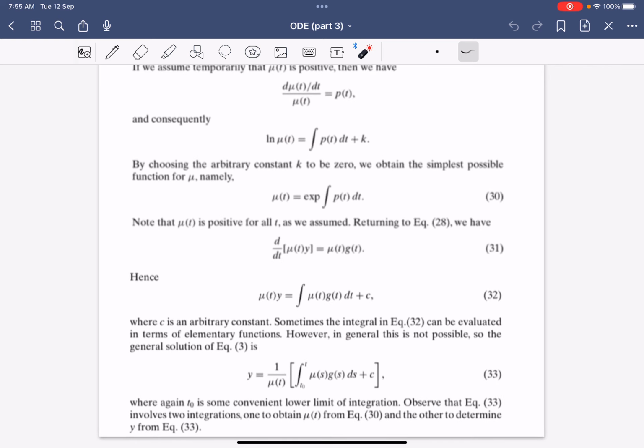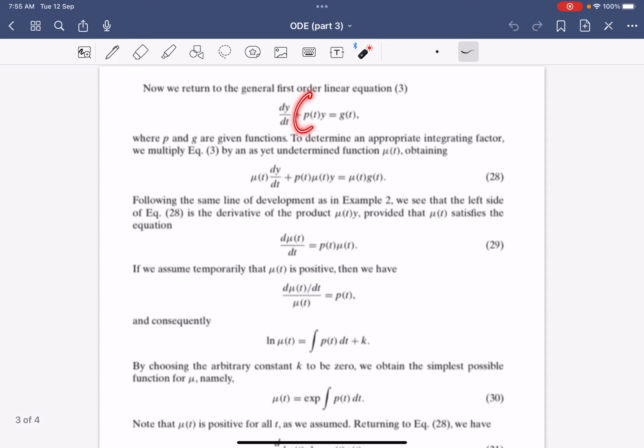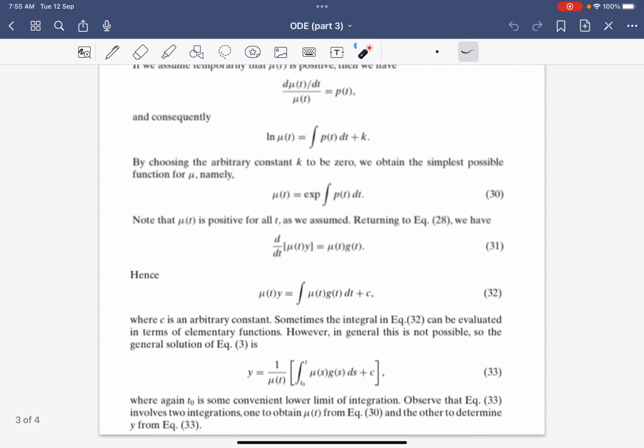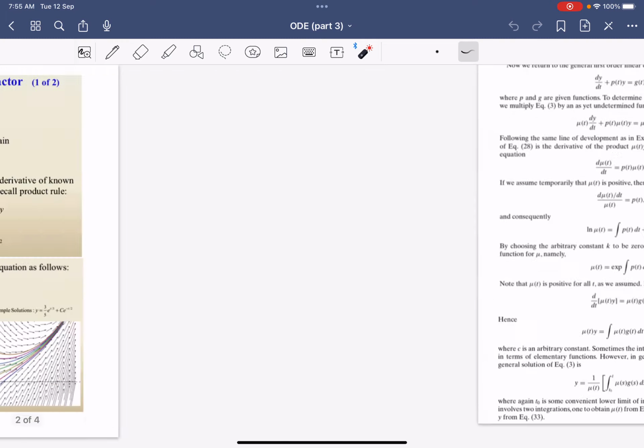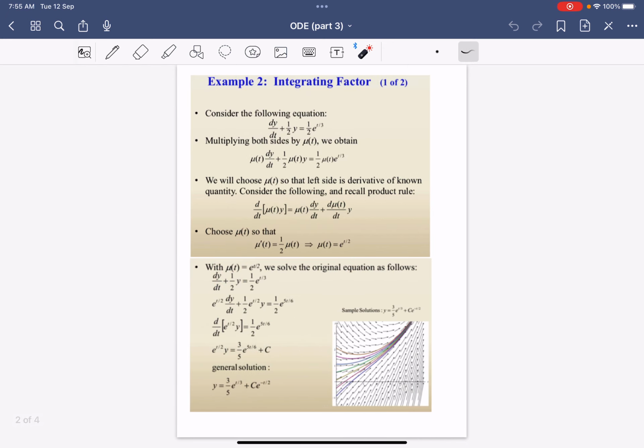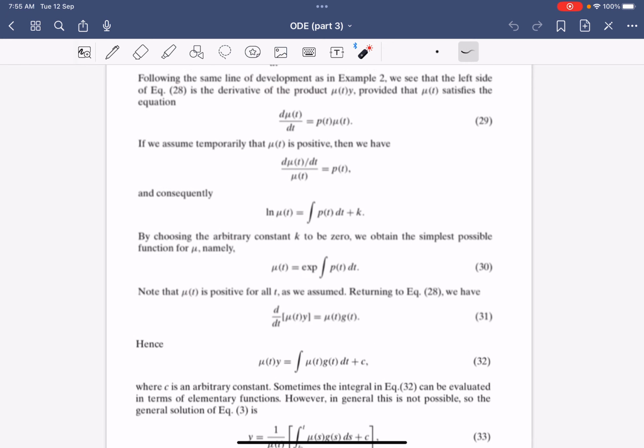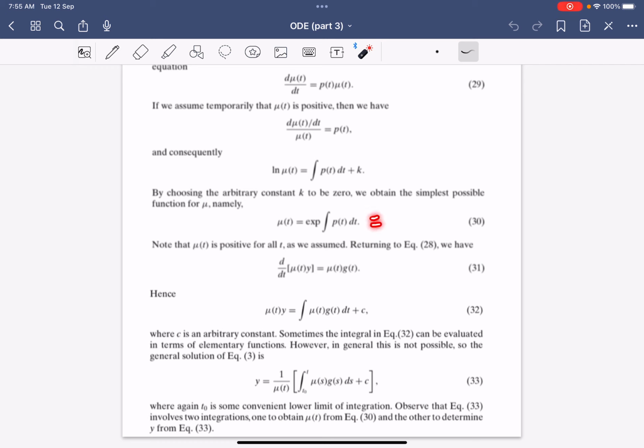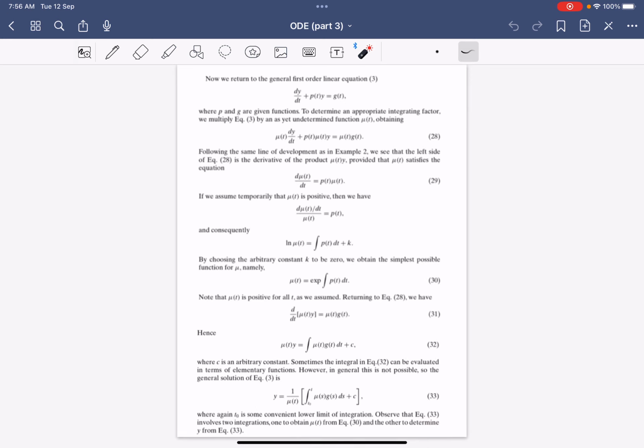This mu will always be of the form exponential of the integral of the function p, where p is the coefficient of y. But if you understand this idea, then you can always work out the integrating factor without memorizing that it equals e to the integral of p(t) dt. Then this will be the formula, and you can simplify to this. But again, if you understand how to derive it, this won't be necessary.